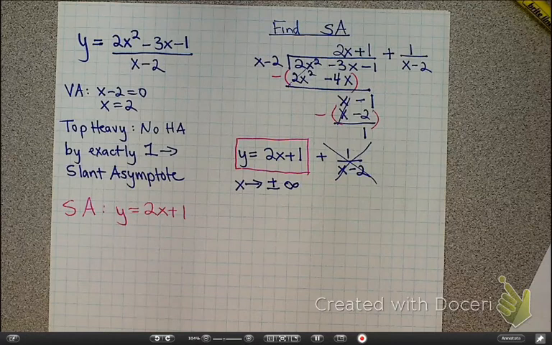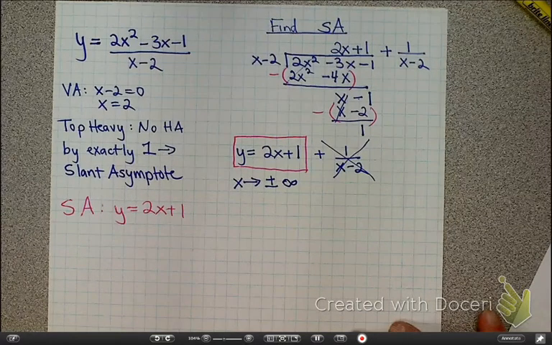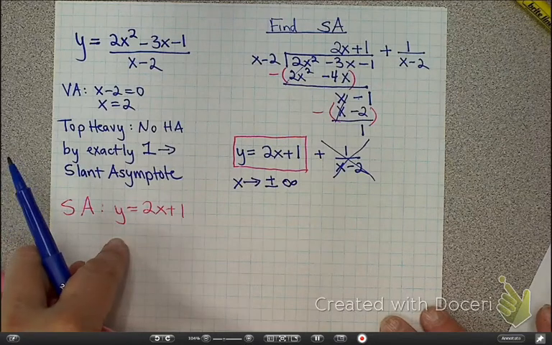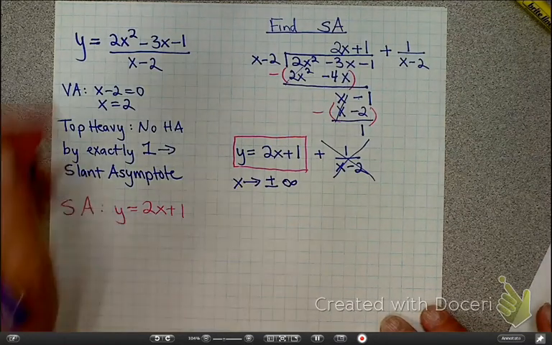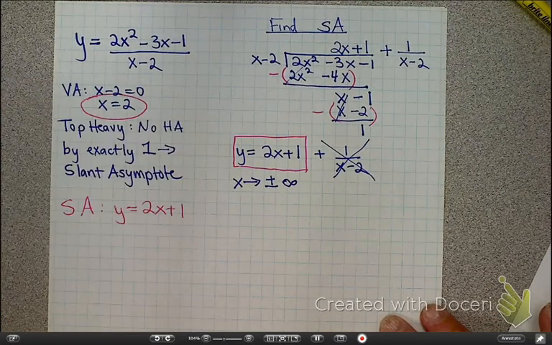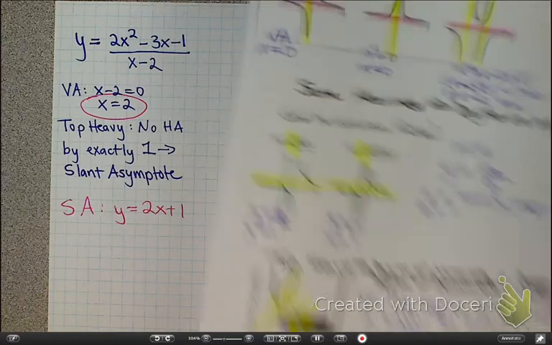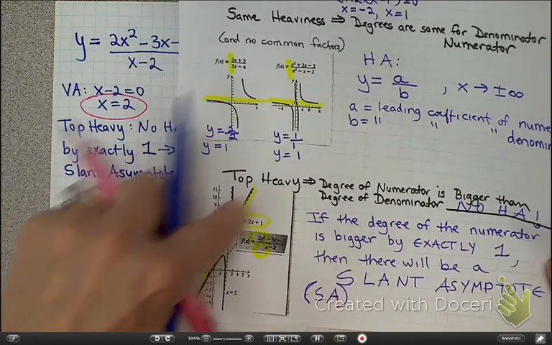We will talk later about how to graph all this, but we now know that it has the slant asymptote y equals 2x plus 1, and the vertical asymptote is x equals 2. And here's the actual graph of that.